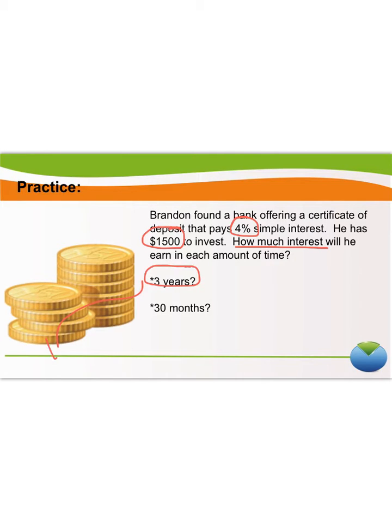All right, I'm going to do this problem down here. So my interest formula, I equals the principal times the rate times the time. So I'm just going to start plugging in my numbers. My principal is the amount of money, so we know that's $1,500. The rate is 4%, but we're going to write that as a decimal.